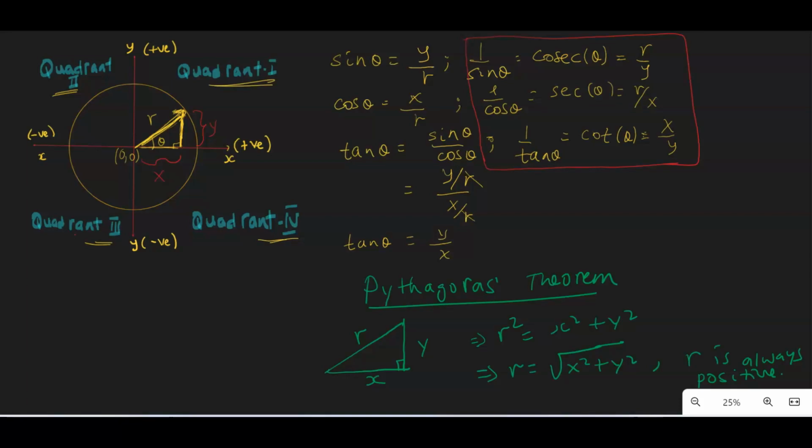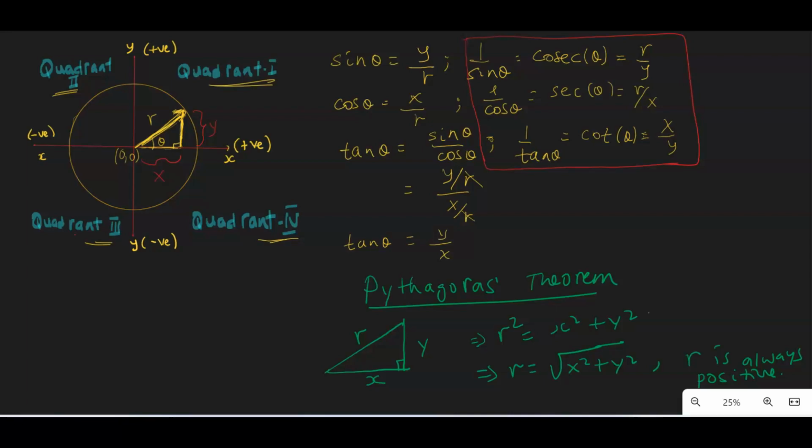Alright, let's define another value here, which is the r value. r is actually the radius of this circle, and the r value is always positive. If you consider this little triangle here, it's a right angle triangle, and if you remember from the Pythagoras theorem, hypotenuse square is equal to adjacent side square plus opposite side square.